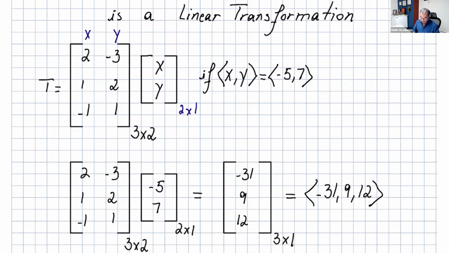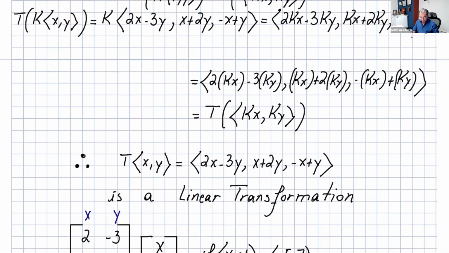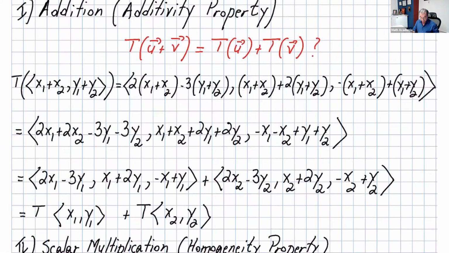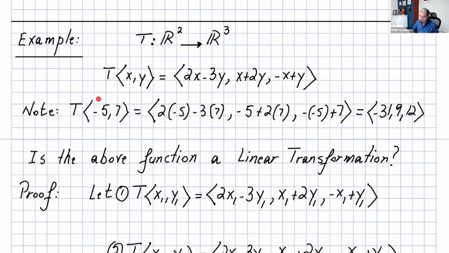If I pick negative 5 and 7 and perform the matrix multiplication, you get negative 31, 9, and 12, which is a 3 by 1 vector. And if you notice, when we performed the transformation starting from negative 5 and 7, we got the same numbers. So what's the conclusion?